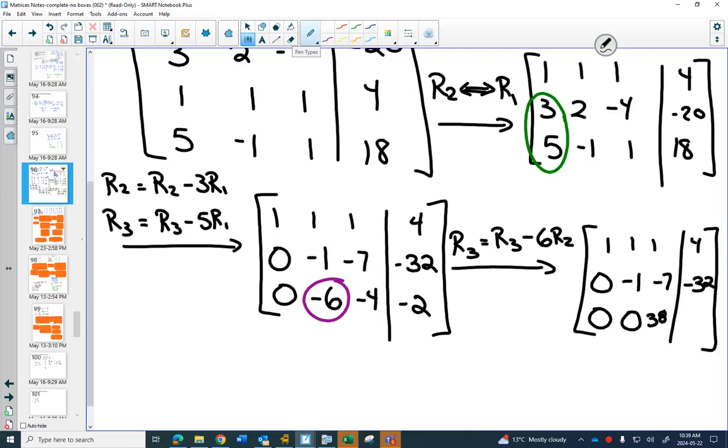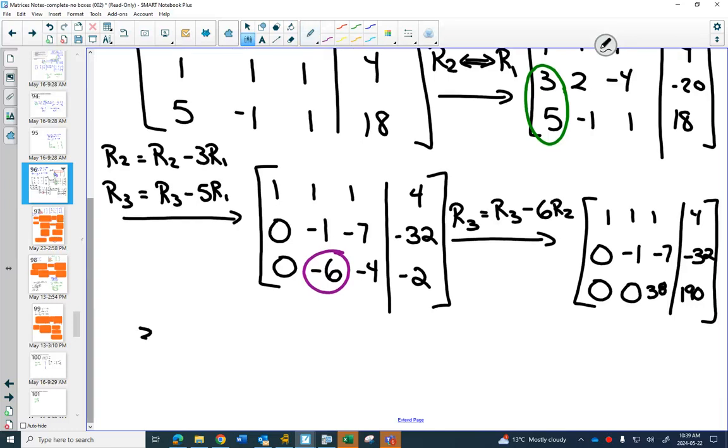Going to be positive 192 plus the 2, 190. So I'm a little bit scared here because those look like not very good numbers. But we'll see, now that I have that system, this would mean that 38z is equal to 190. Does it work out nice? Go to our calculator, do a little 190 divided by 38 and pray, and it works out to be 5.